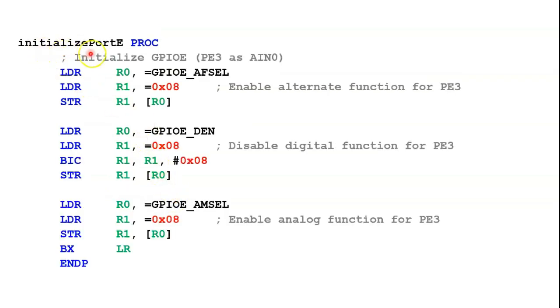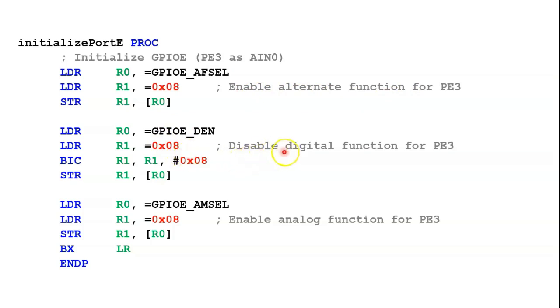Now this is the initialize port E proc subroutine. Again, I've covered this in my previous videos, but I'll briefly go over it. These instructions here will enable the alternate function for PE3. Remember, PE3 can function as a GPIO and other functions. Now we're using port E bit 3 for its analog signal, so we need to enable the alternate function.